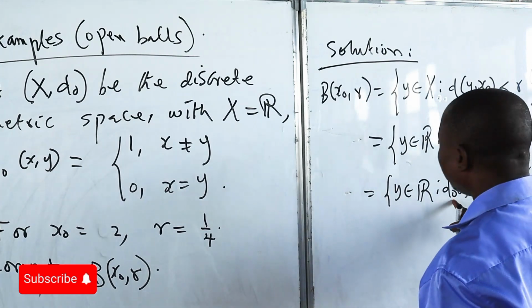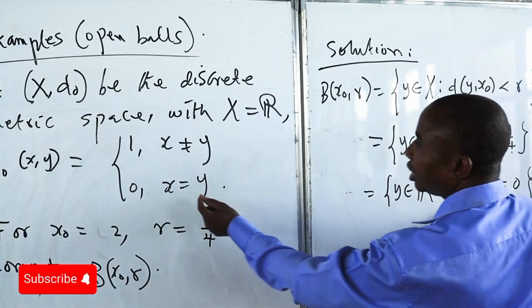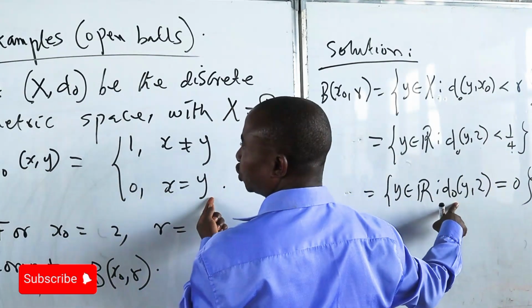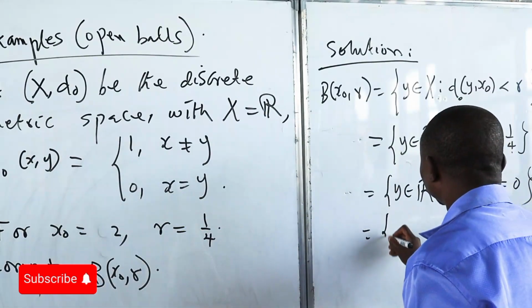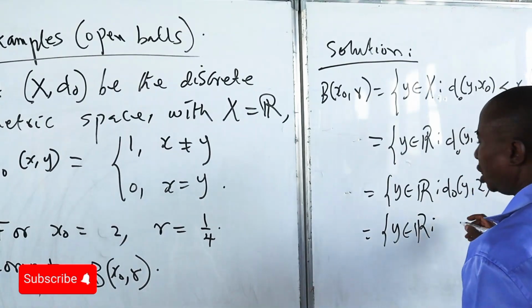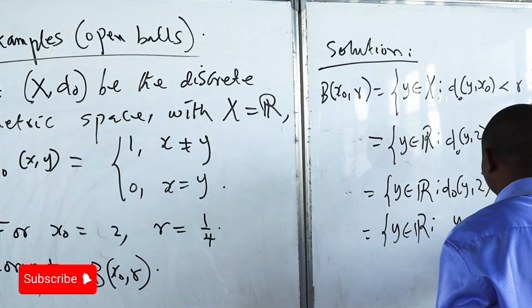Alright. Now by definition of d naught again, d naught of x comma y is 0 implies that x is equal to y. Our y in this case is 2. So this is nothing but all y in R such that y is equal to 2.